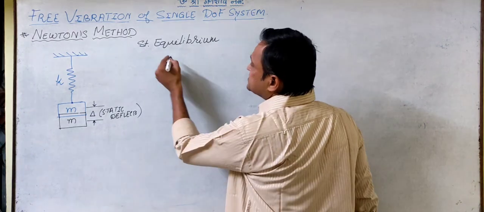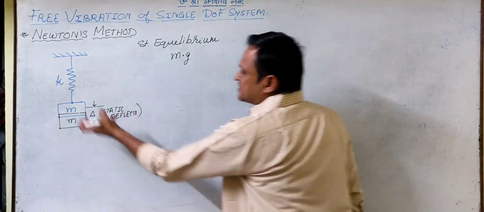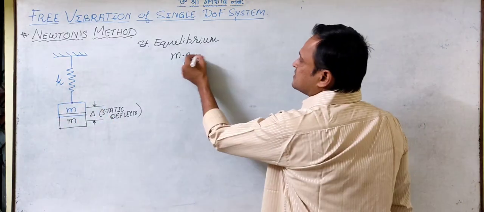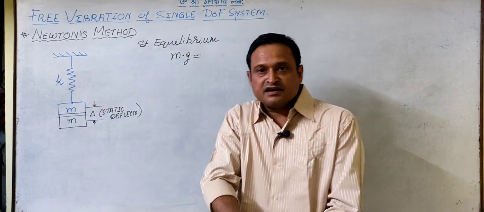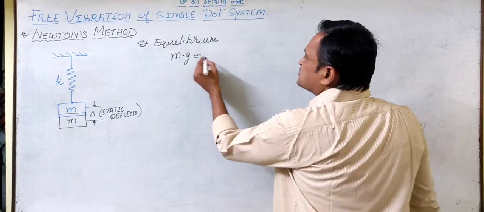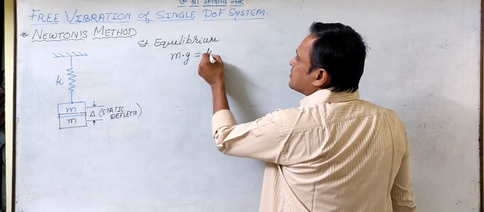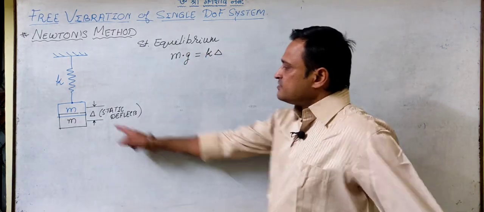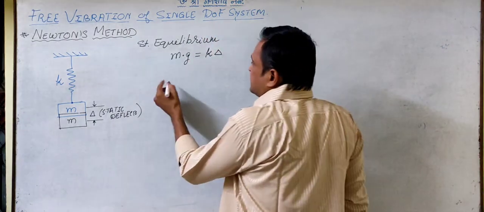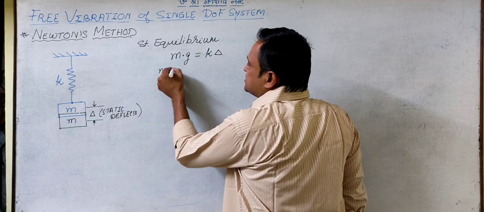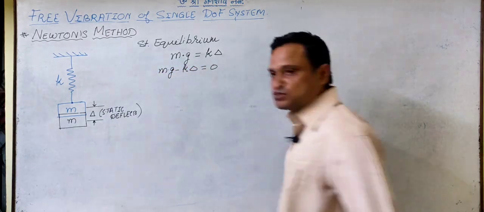The static equilibrium condition is this: the mass, under the influence of gravity, mg, with the spring giving it an opposing force, will be equal to K into delta, where delta is the static deflection. So maybe I can say this as mg minus K delta is equal to 0.